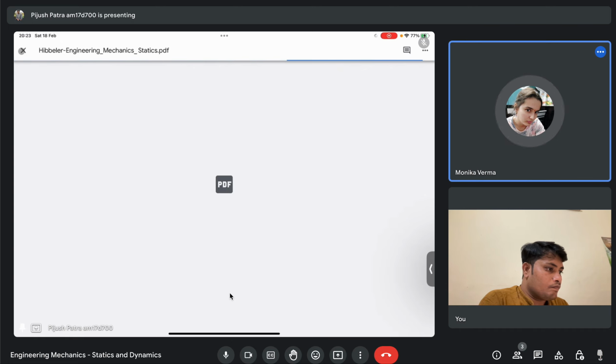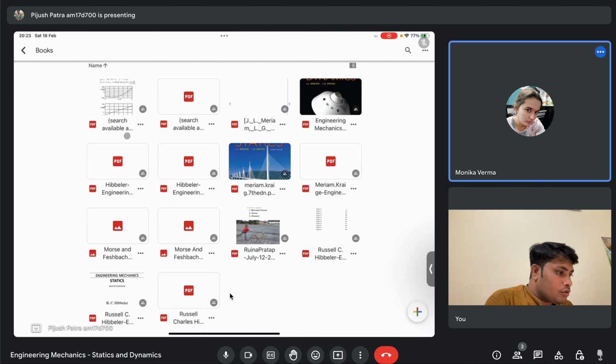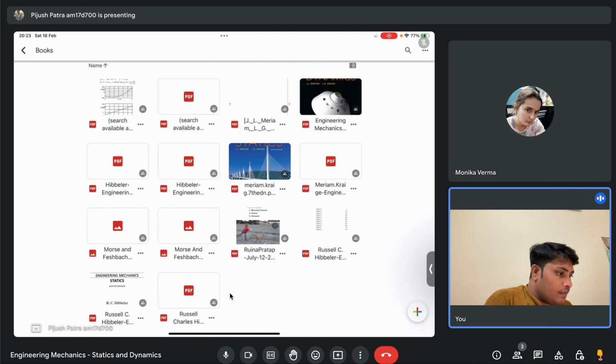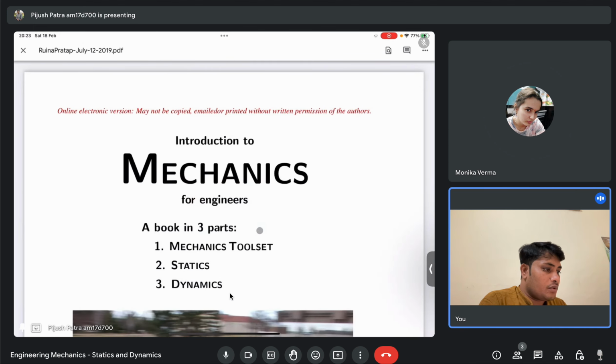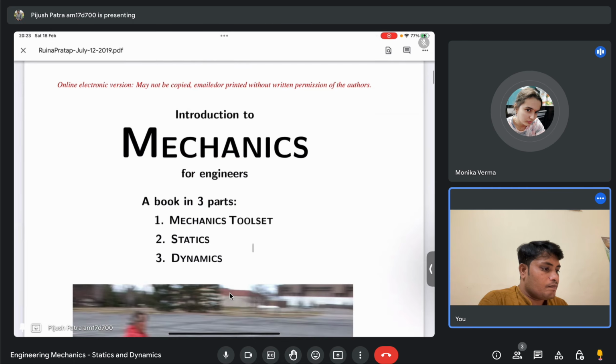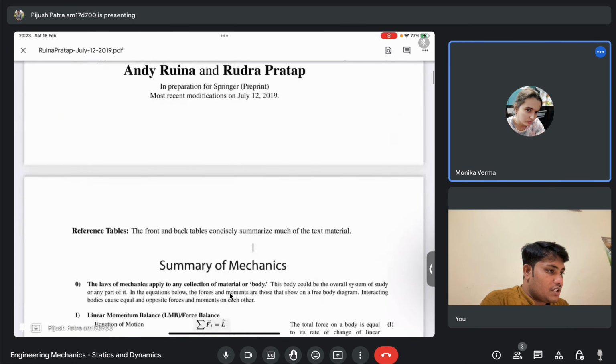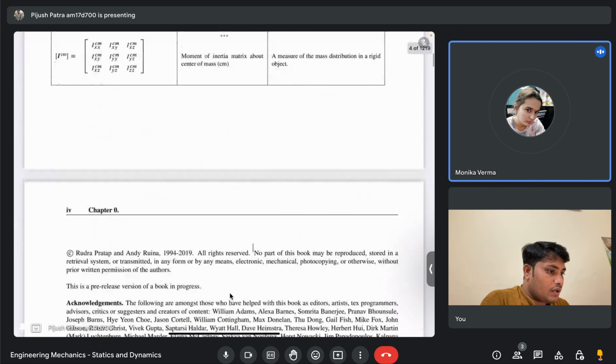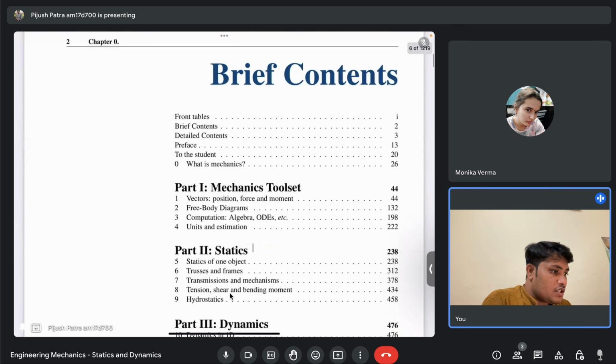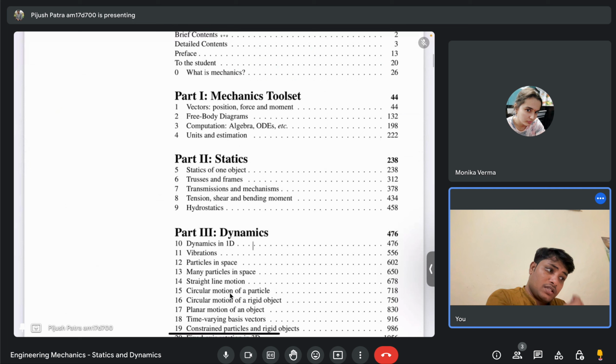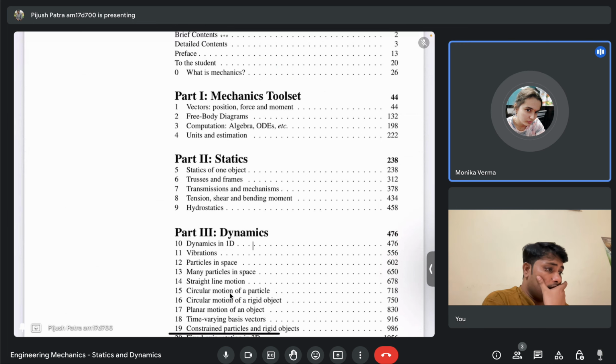The other book which I have, do you have this book by Rudra Pratap? No, sir, I don't have this. Let me check if I have that here. So it's the truss problem using the graphical method, and we have to find the forces in the members and their nature using the graphical method of trusses.